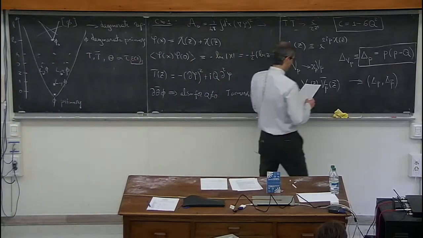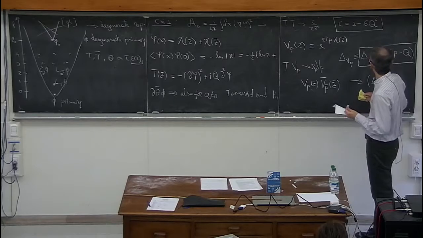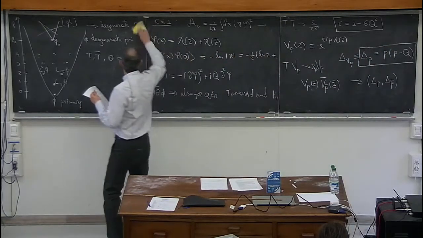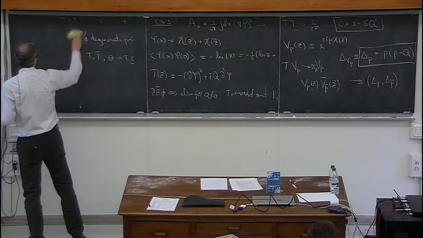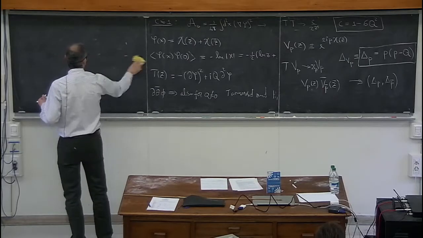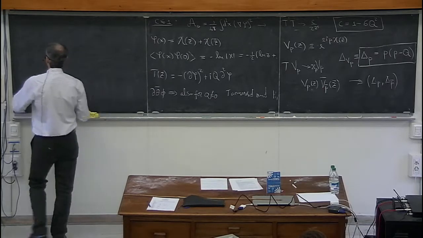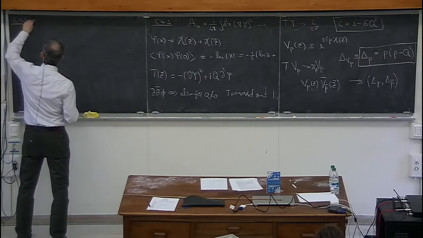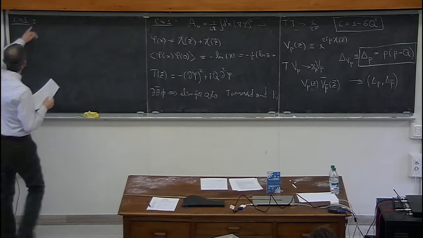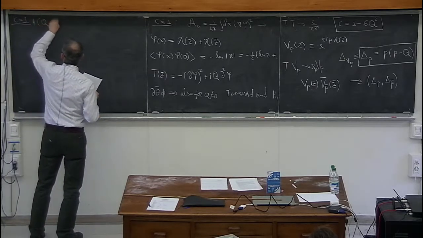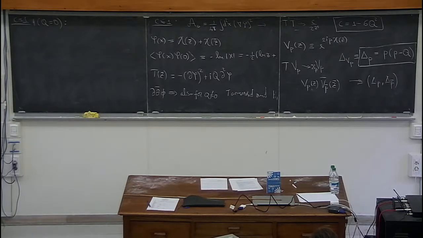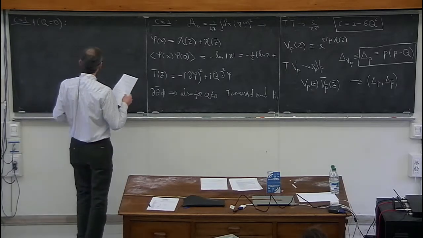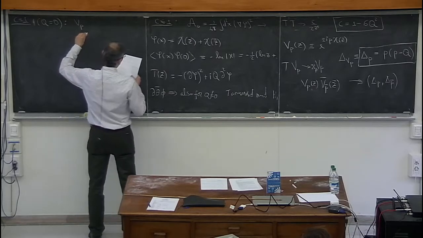Right. With this we can move on, starting with the case of central charge equal 1, which means Q equals 0. So this is the totally standard theory of a Gaussian field, which was written also by Cappelli.